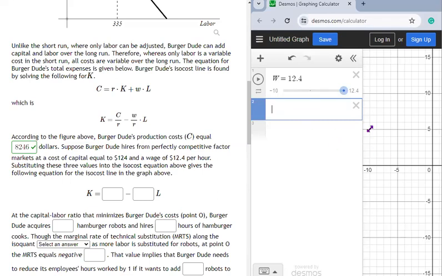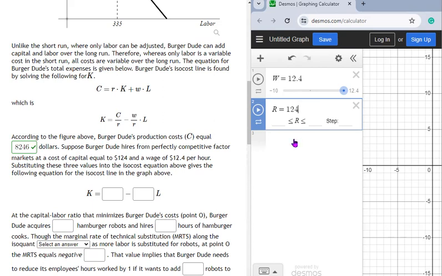All right, I'm going to put the unit cost per hour of capital and labor in Desmos. So this is the wage rate, and this is the hourly cost per unit of capital, right?